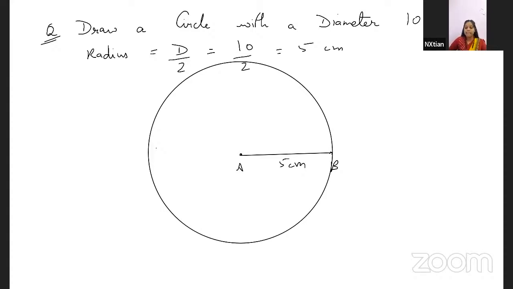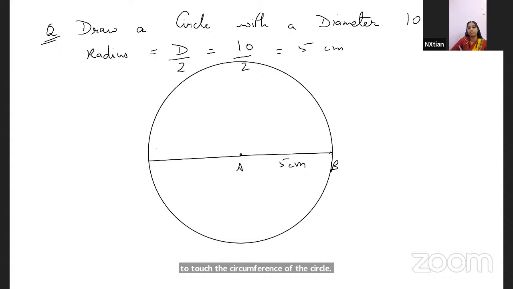Done, ma'am. Then, now extend the radius to touch the circumference of the circle, and mark it. 10 centimeter. Done, ma'am.